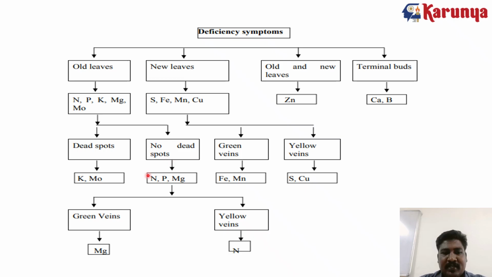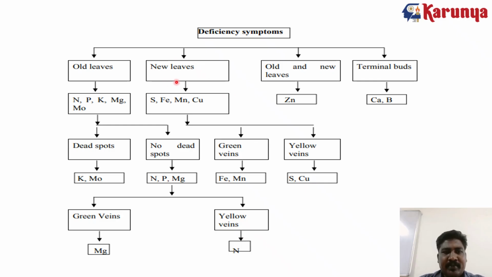And if not producing dead spots, there are three nutrients. You should know how to differentiate among these three. In that condition you have to see the vein color. If the vein color remains green, that is due to magnesium deficiency, and if it shows yellow veins, that is due to nitrogen deficiency.